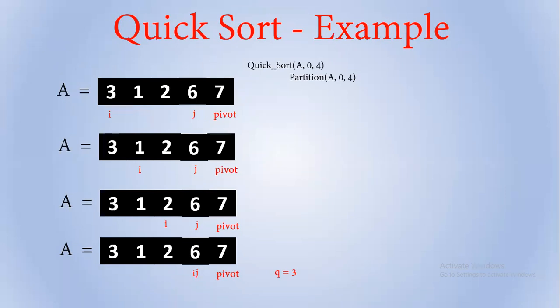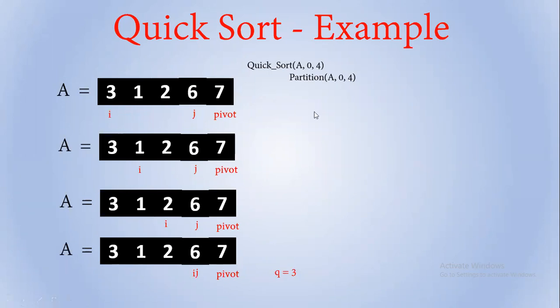And what will it return? It should return I. I is 3 here. So the Q value out of this partition function will be 3. So what will be the values of the next quick sort operations?